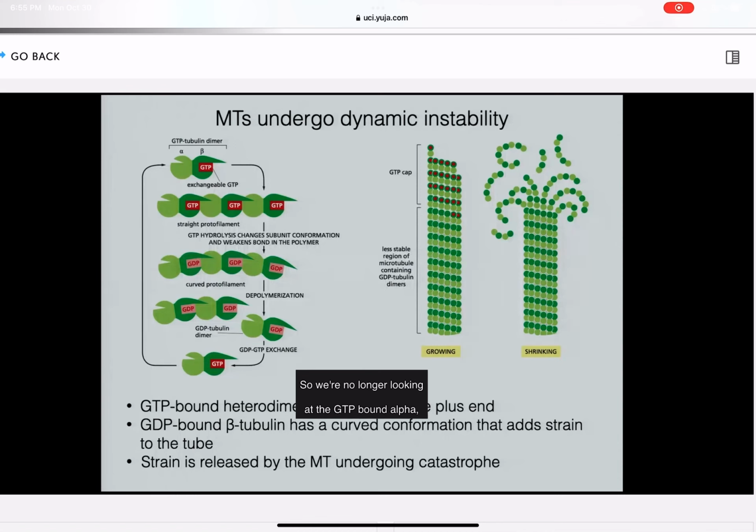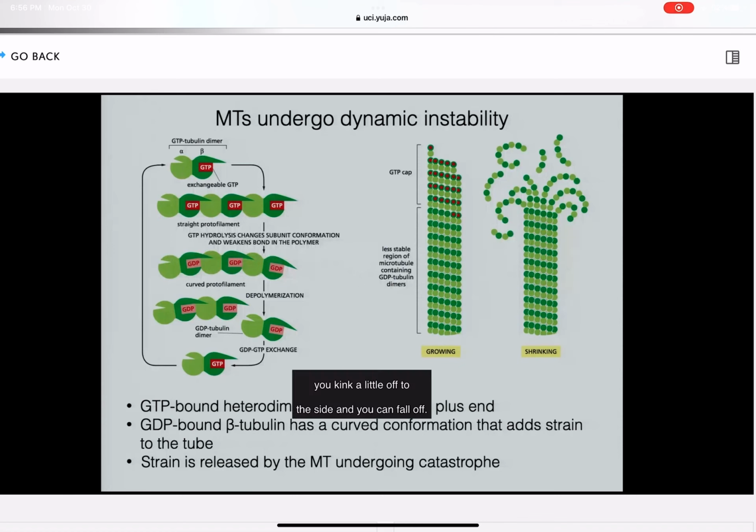And that's shown here. So here is a GTP-bound tubulin dimer. So we're no longer looking at the GTP-bound alpha. We're just looking at the beta, since that's the one that hydrolyzes. And you can see that in this GTP-bound form, you're essentially in a good conformation to interact with others.